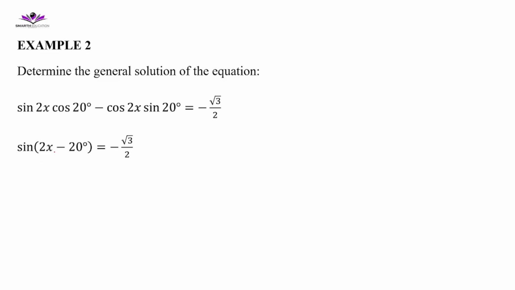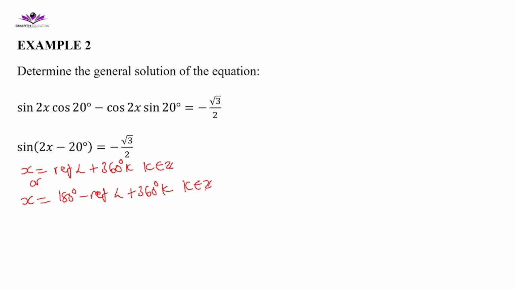Remember the formula method. If it's the sine of the angle, our angle, let's say x, is equal to the reference angle plus 360 degrees times k, where k is an integer, or x is equal to 180 degrees minus the reference angle plus 360 degrees times k, where k is an integer.